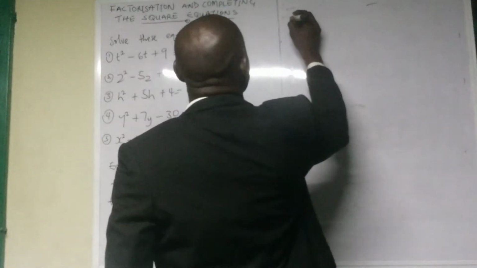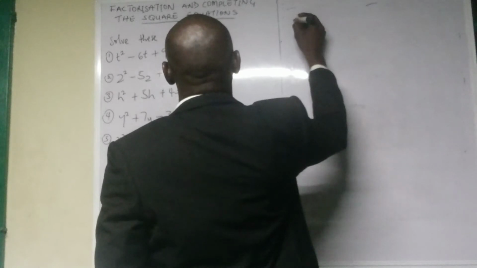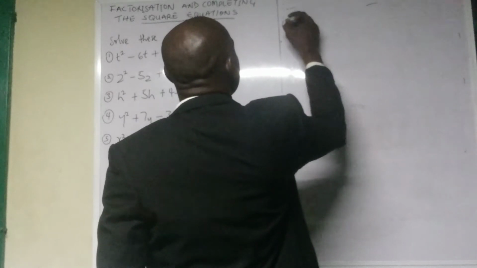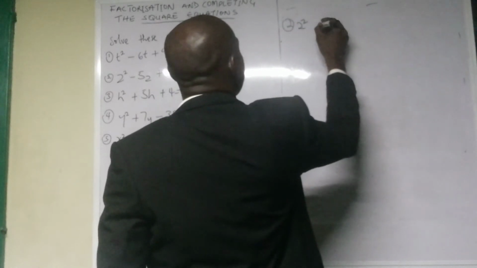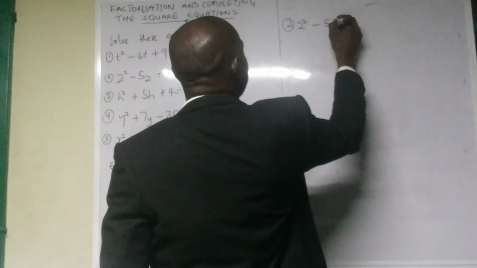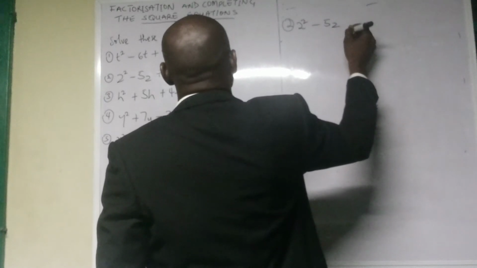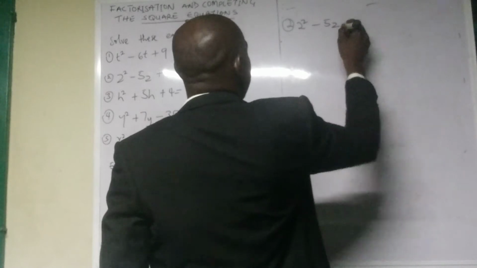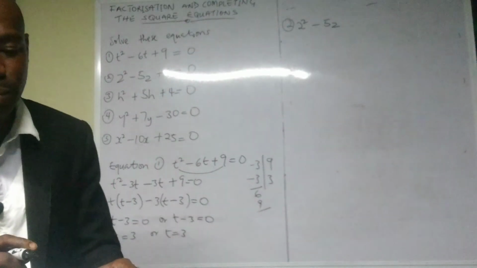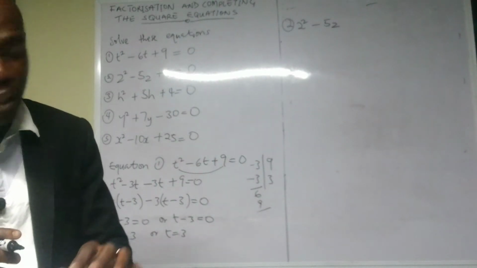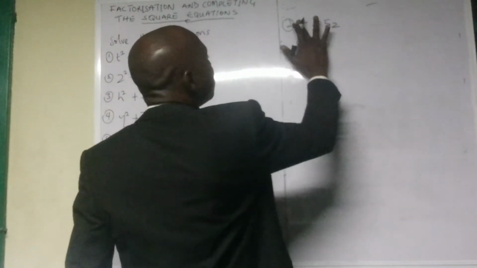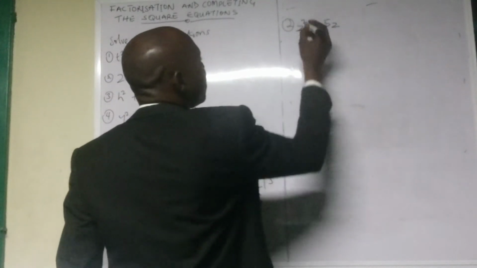Equation 2 says z squared minus 5z plus 6 equals 0. I think it's z squared, let me check for you. Yes, it's z squared, not 2 z squared.